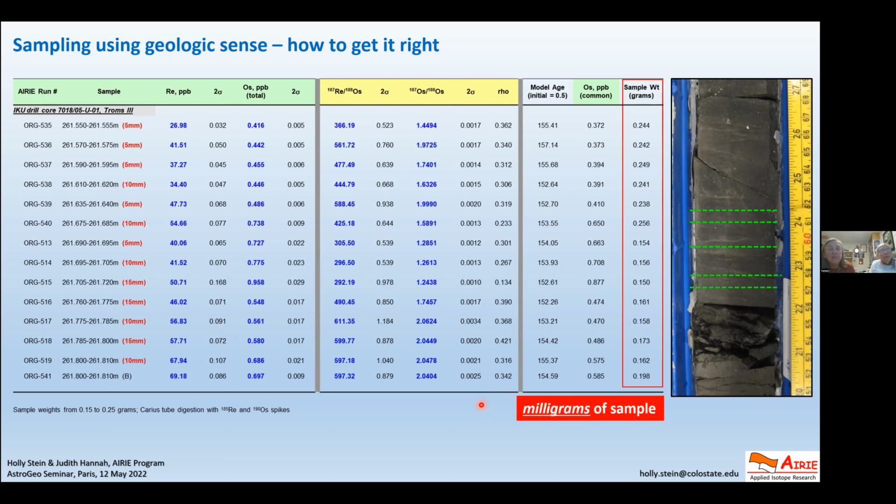A data table in a published publication would also include a host of footnotes to say what the blank was on these measurements, or multiple blanks if we measured it several times during the study. What was the uncertainty on the spike calibrations for these particular runs, what spike was used, and so on. Just a host of information so we can trace everything we did during the analyses.